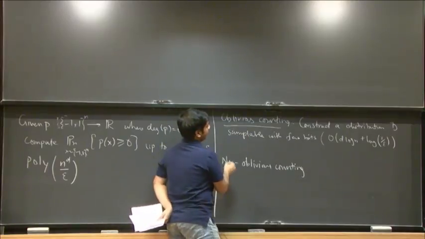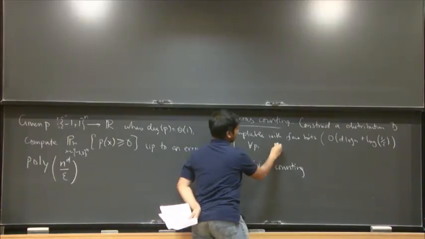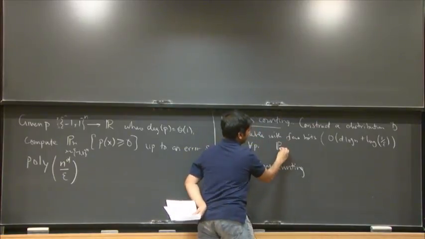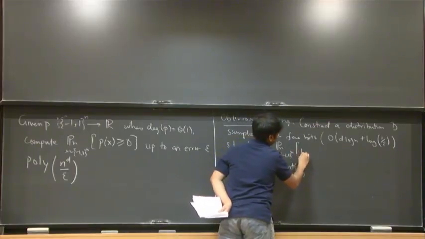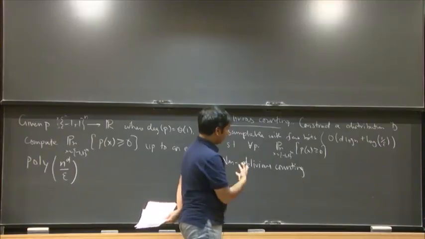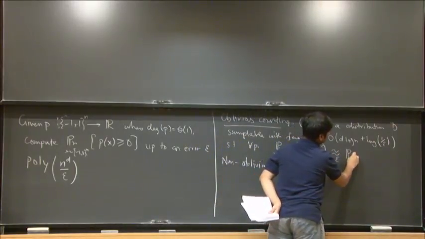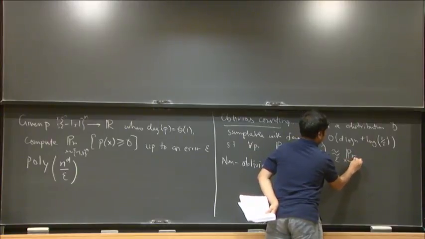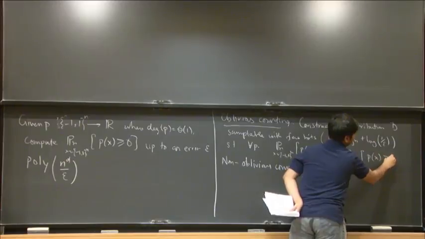Such that for all polynomials P of degree d, the probability that the polynomial is greater than or equal to 0 on the Boolean hypercube under the uniform distribution is epsilon close to the probability that when you sample a point x from D, P(x) is greater than or equal to 0.